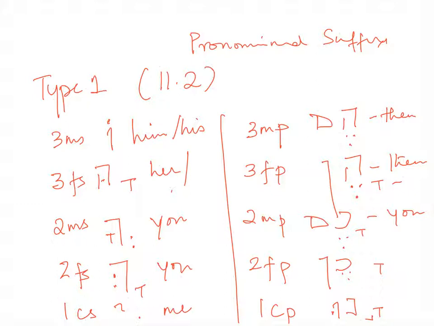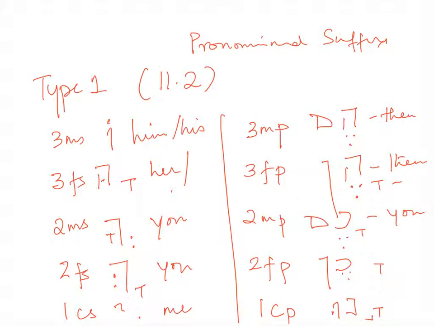1cs is a hireq yod ending, and it is translated as me objectively, or my if it is possessive. 3mp is hem, translated as them if it's objective, and their if it is possessive. 3fp is hen.